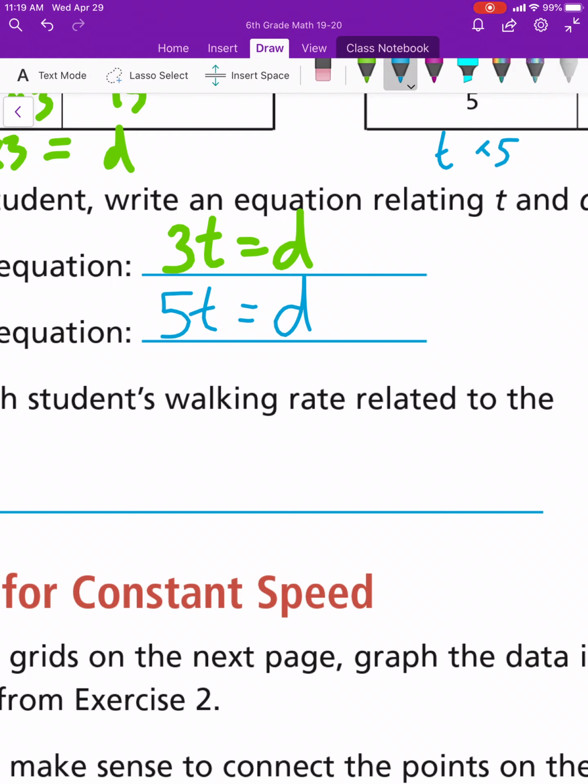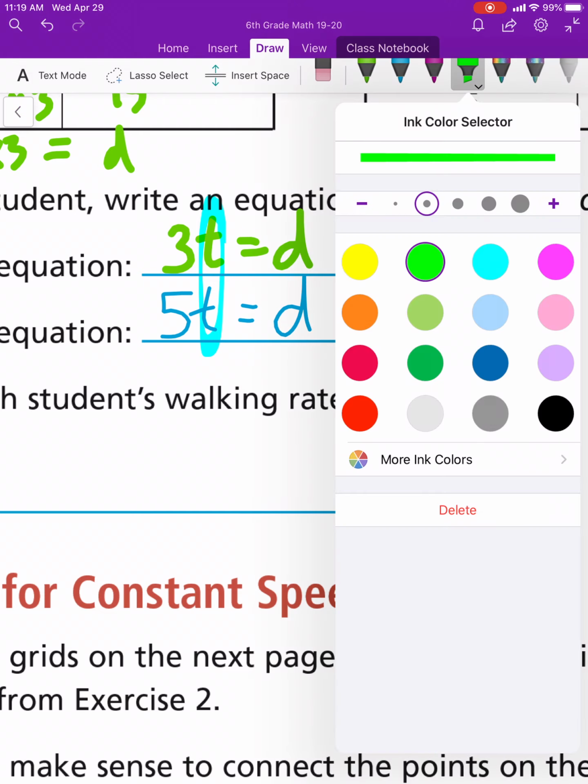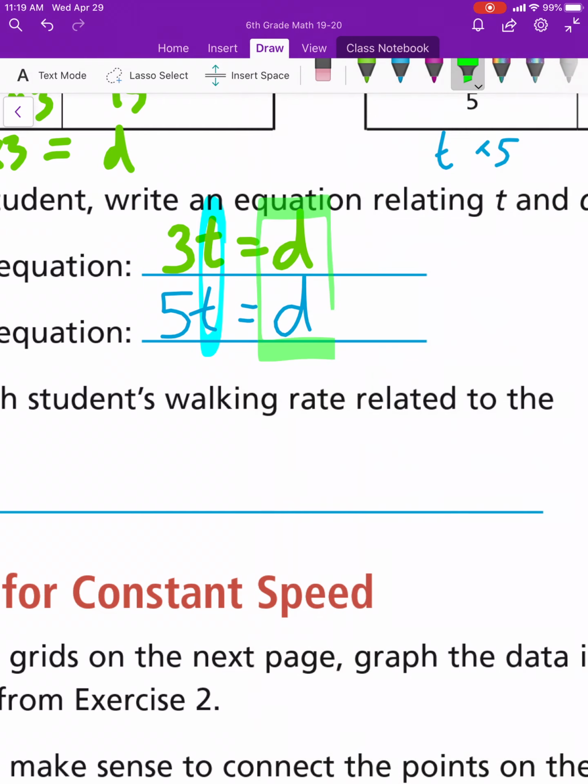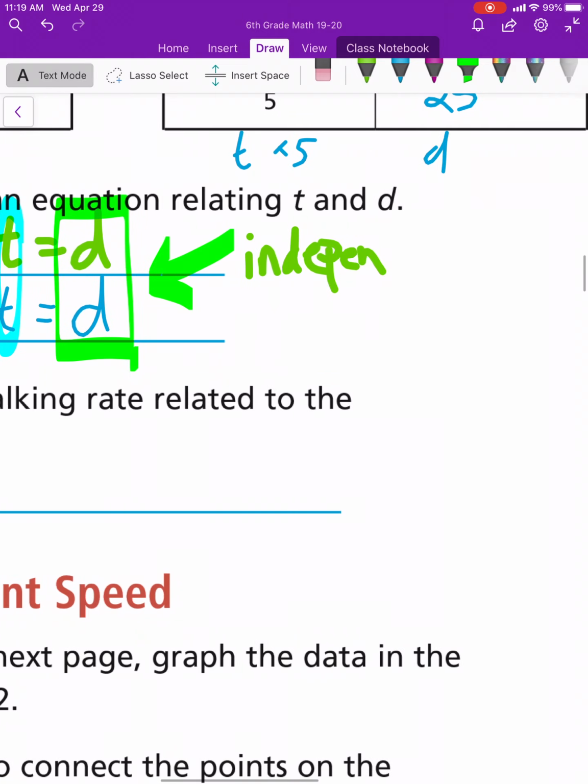See how we can change this variable here? This will change. These ones, however, will not. These are our independent variables. That was a bad choice. I'm going to use a different marker. Ran out of room.